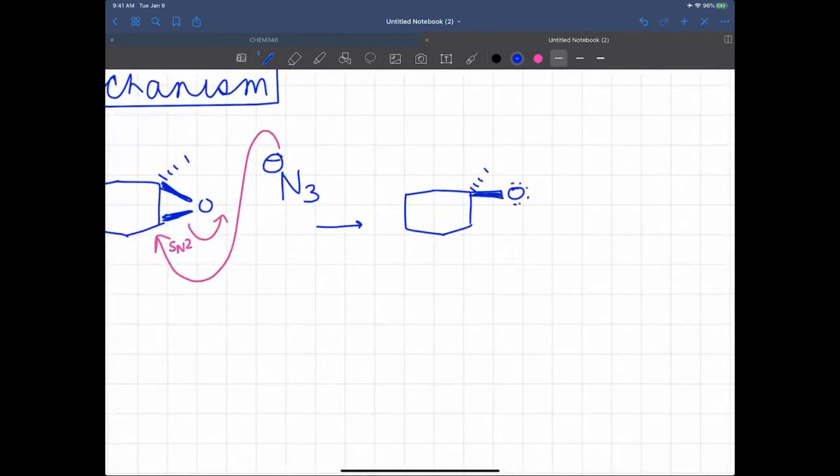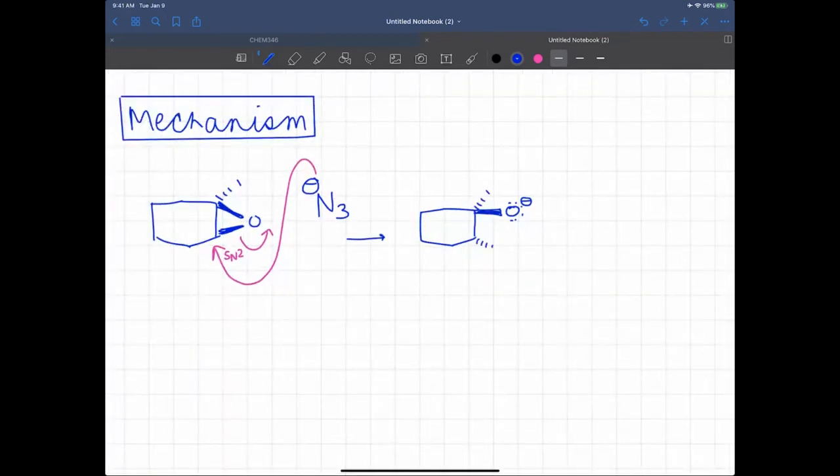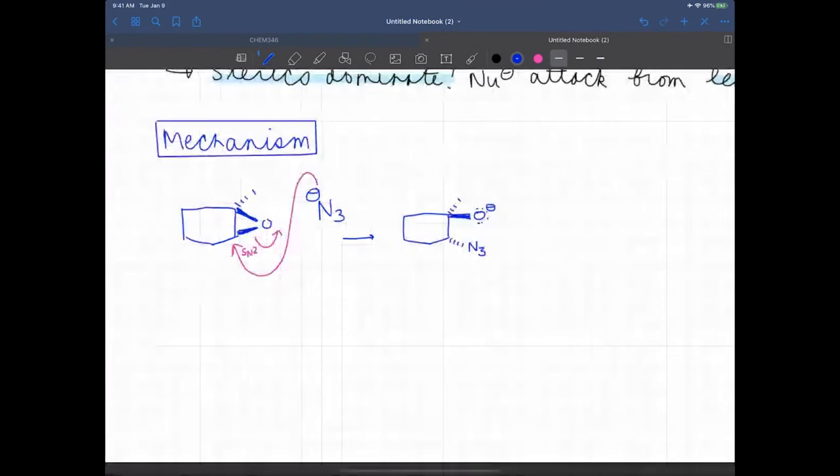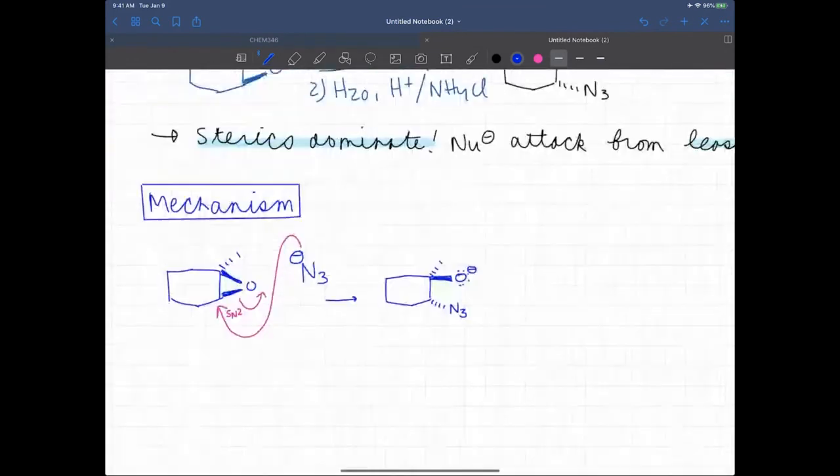Now you have oxygen here. And what would be the stereochemistry of my azide? Should it be a wedge or a dash? Good, because this is where backside attack occurred, so it came from the back. This is step 1.